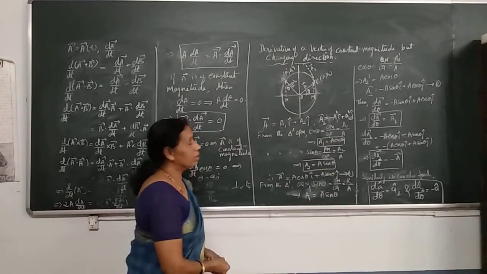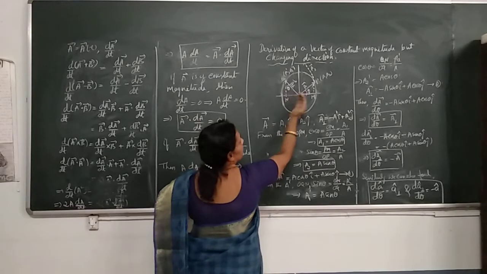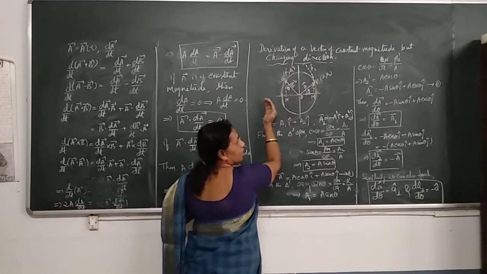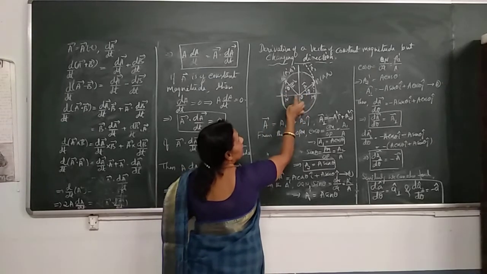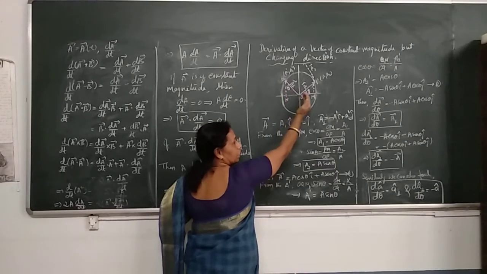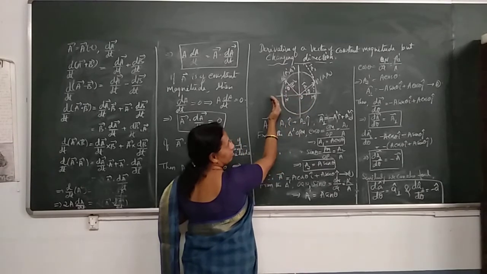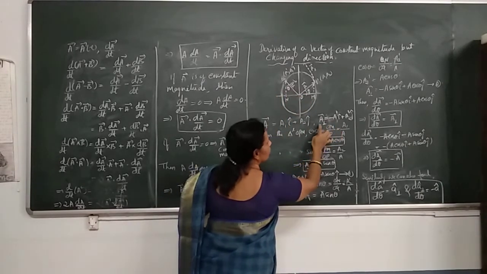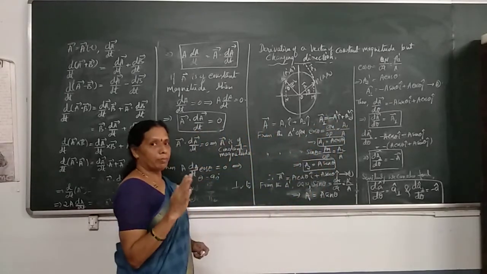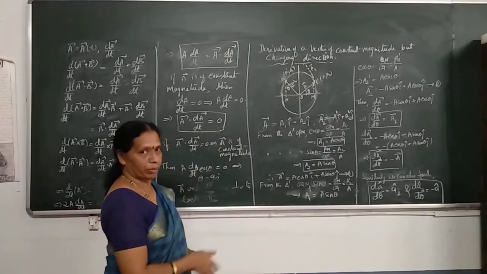Why is it minus? Because the x component A1 dash is in the negative x axis, that's why it is minus. So this is a representation of the A perpendicular vector in terms of its components.